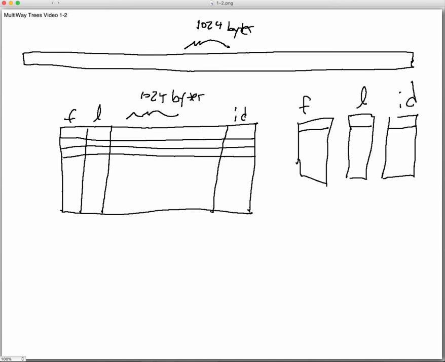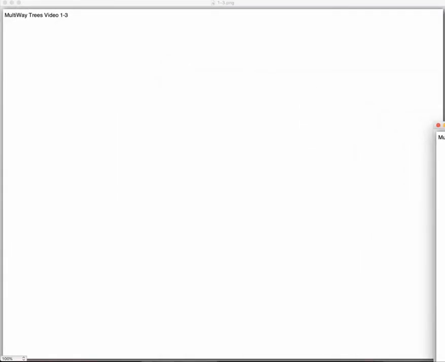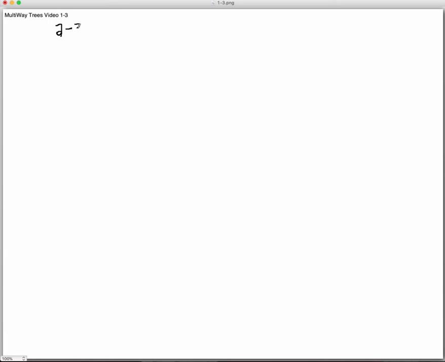So the first tree that we are going to talk about is this thing called the 2-3-4 tree. And the whole basis of the 2-3-4 tree is what does a node look like? And a node looks like this.